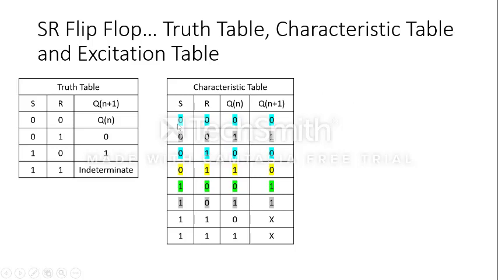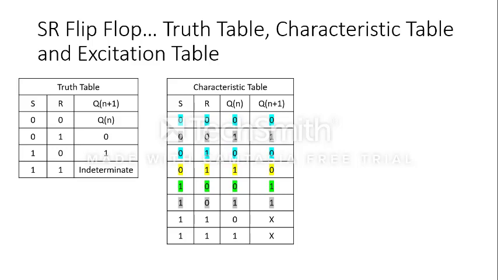So when your Qn is 0, you will get your Qn plus 1 also 0, and when your Qn was 1, you will have your Qn plus 1 also 1. So these were the two conditions when your S and R input was 0 0.